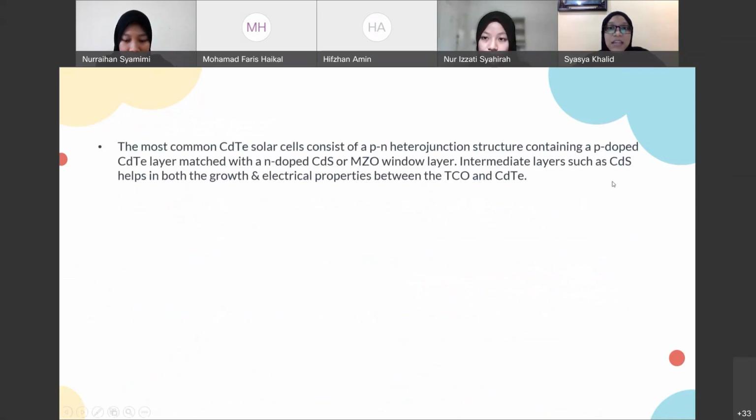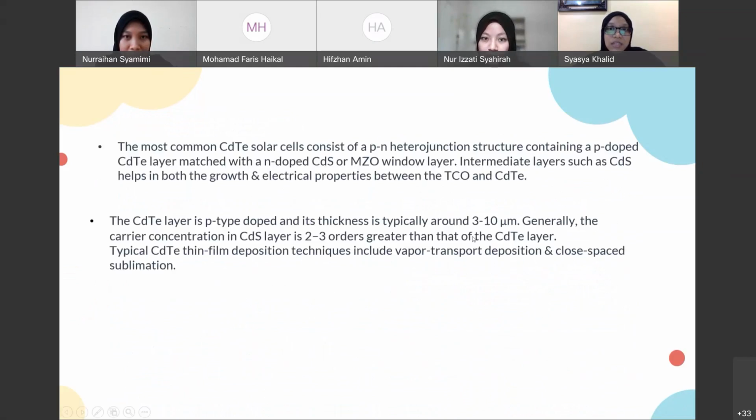As mentioned just now, the most common cadmium telluride solar cells consist of a PN heterojunction structure containing a p-doped cadmium telluride layer matched with an n-doped cadmium sulfide or magnesium zinc oxide window layer. Intermediate layers such as cadmium sulfide help in both the growth and electrical properties between the transparent conducting oxide and cadmium telluride.